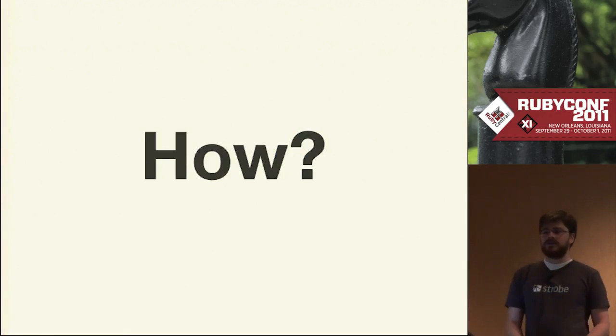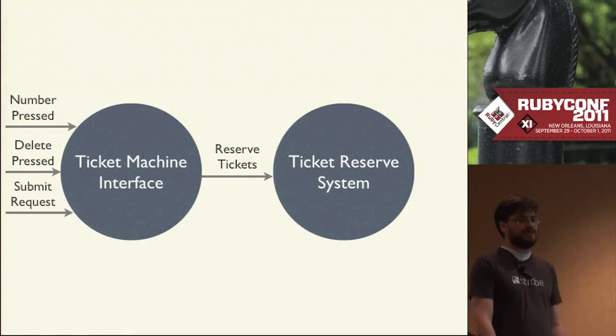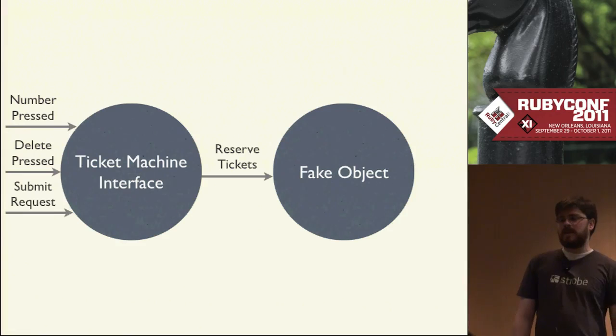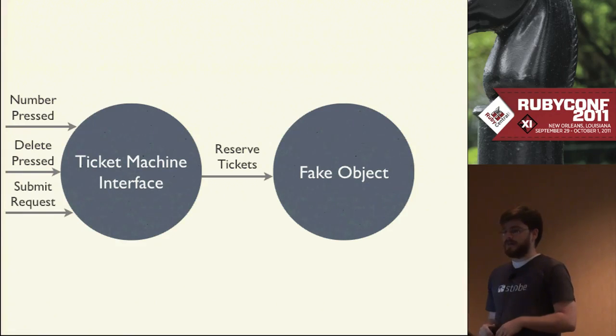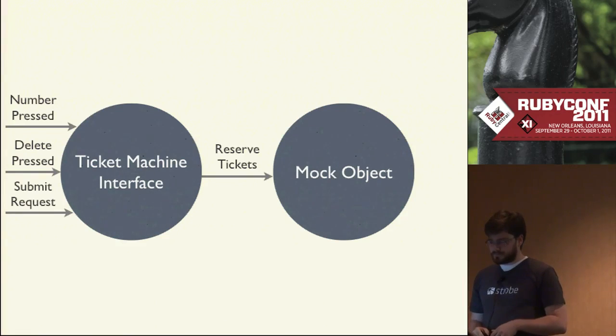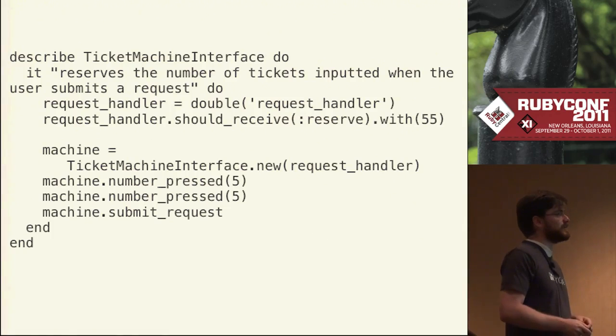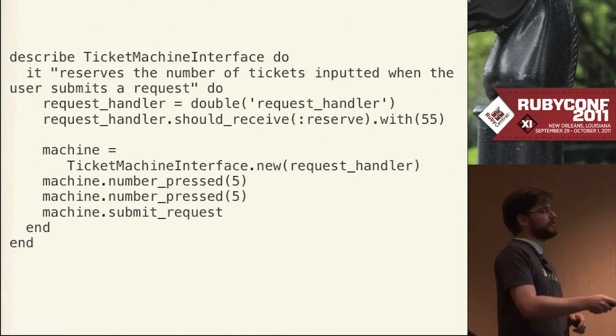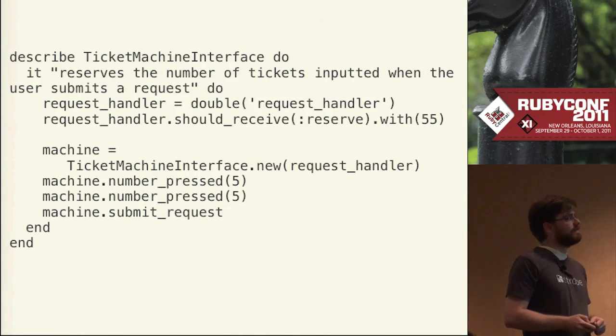Well, instead of using a real ticket reserve system, I'm going to replace it, pass it into the constructor with a fake object. And this fake object is what we call a mock object. And so my test would look something like this. My request handler should receive reserve with 55.